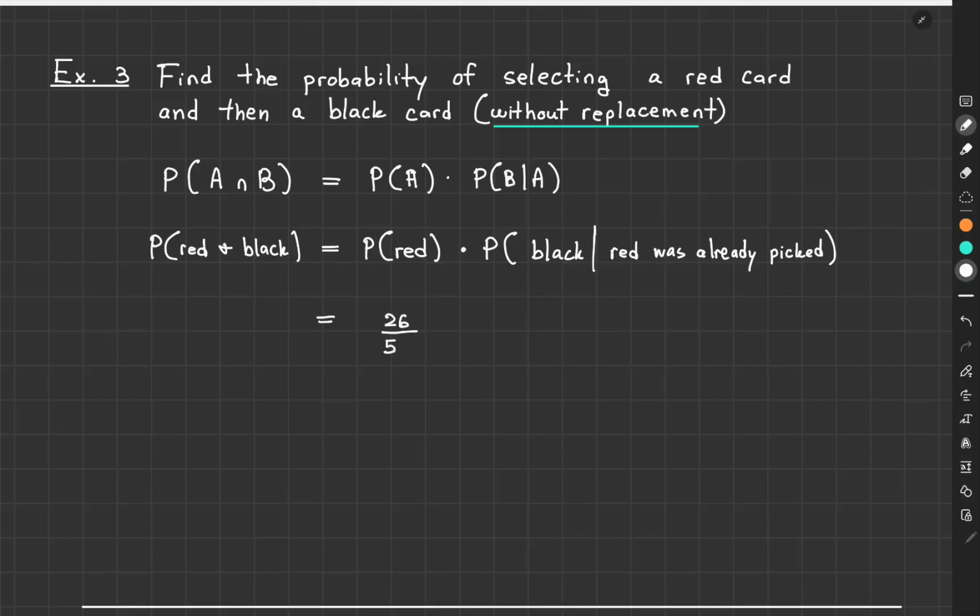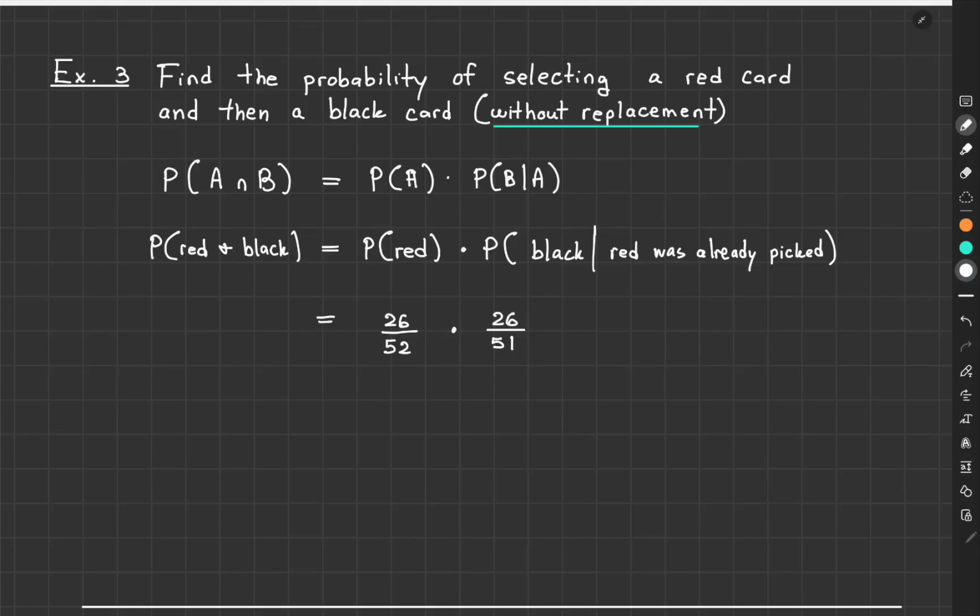As we know, for the first one it's going to be 26 out of 52. Now, for the second one, without replacement, the total number of cards in the deck has decreased by 1. So now we have only 51 cards instead of 52. However, we still have 26 black cards.